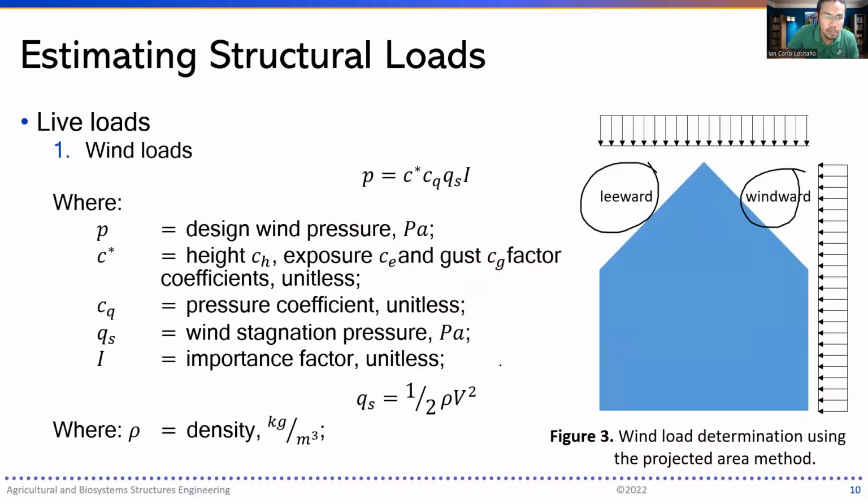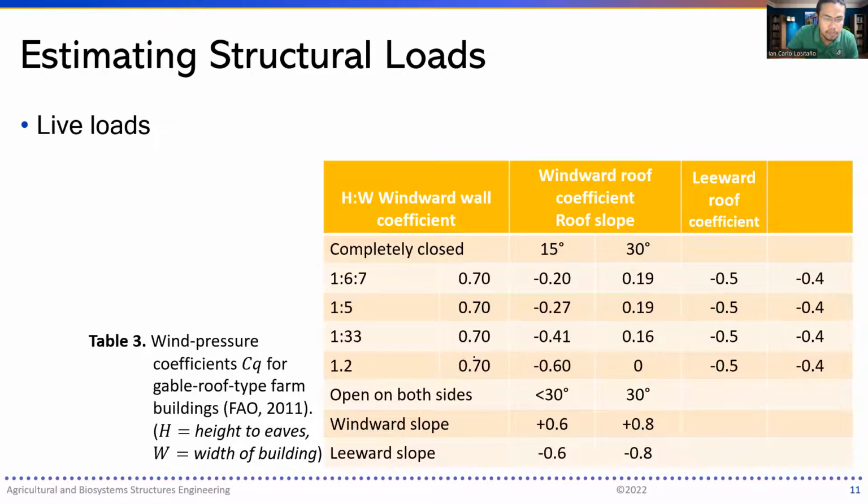Now, how do we get these values? You have here the values for the various coefficients. Your wind pressure coefficient CQ for gable roof type farm buildings, and you have your windward roof coefficient for roof slope, and you just have to determine that slope. In between you could interpolate. And then you have your completely closed gable roof type, and your different ratios depending on your design.